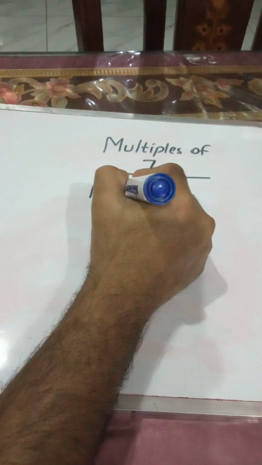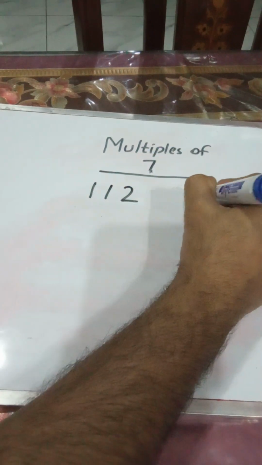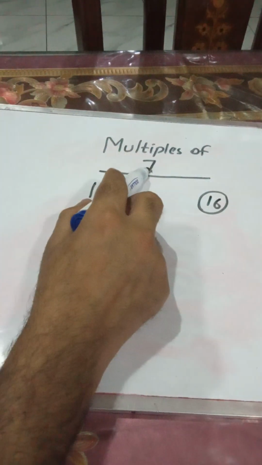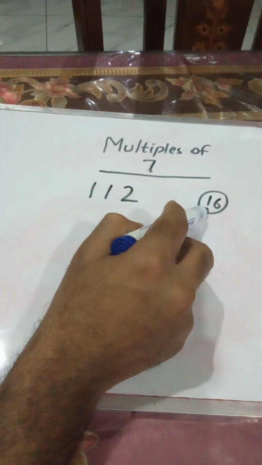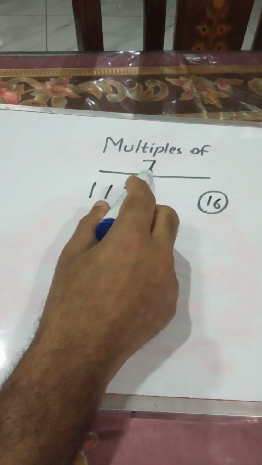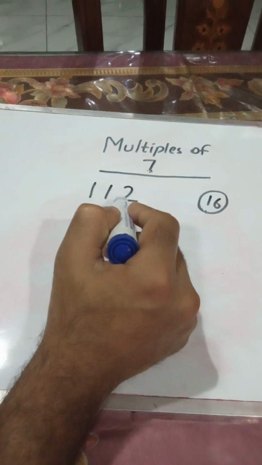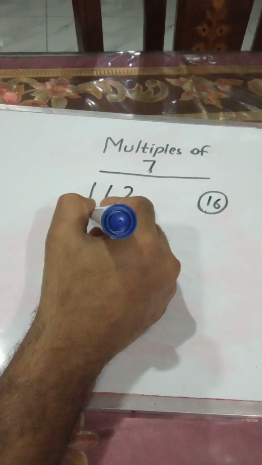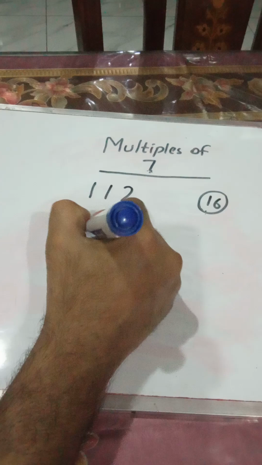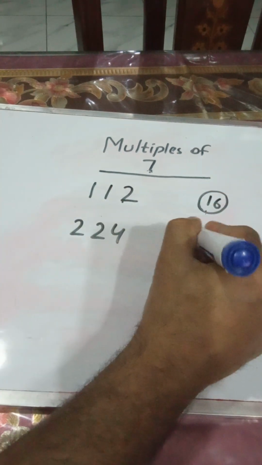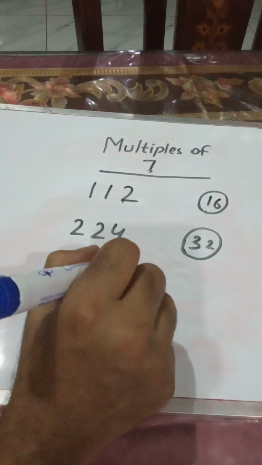7 16 times is equal to 112. It means that if you multiply 7 by 16, you will get 112. Now the double of 112 is 224, and the double of 16 is 32.